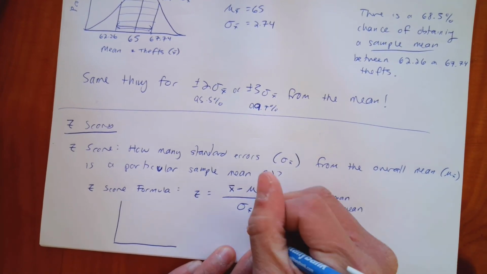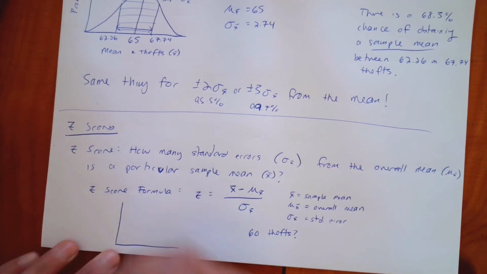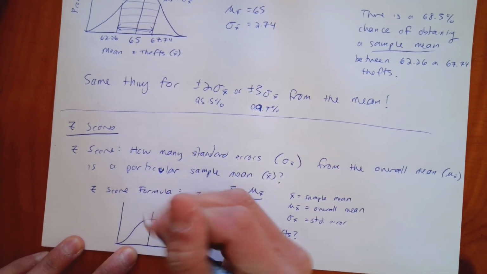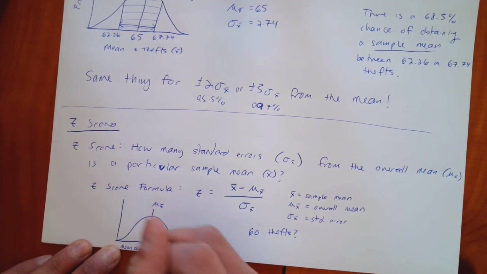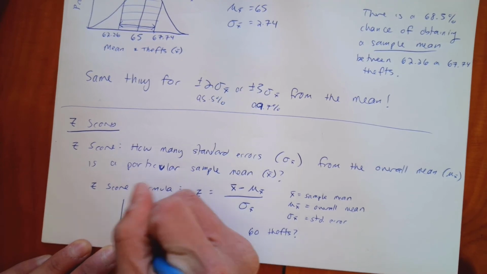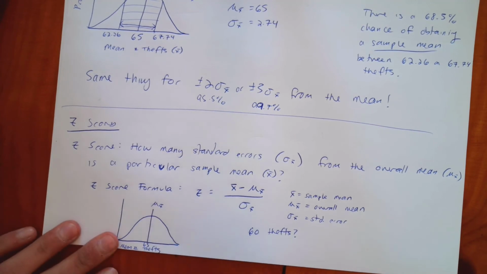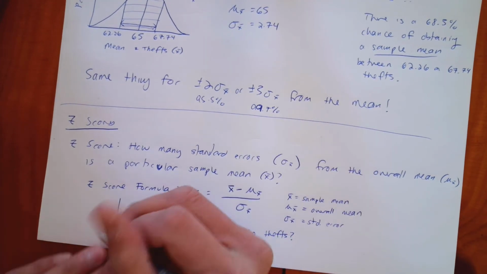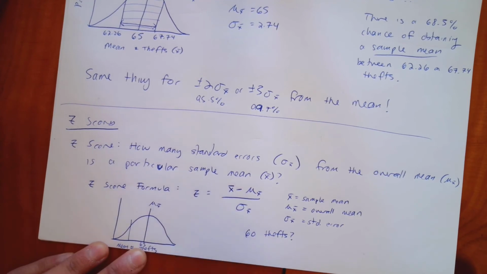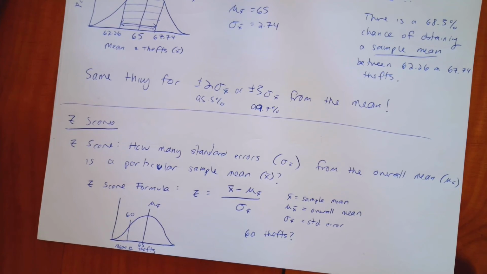So we want to know, in our sampling distribution of means, where we're looking at the possible sample means that you could get and the probability of each one, where we have our overall mean of 65 and our standard error of 2.74, how many standard errors away from the mean is a sample mean of 60 thefts.